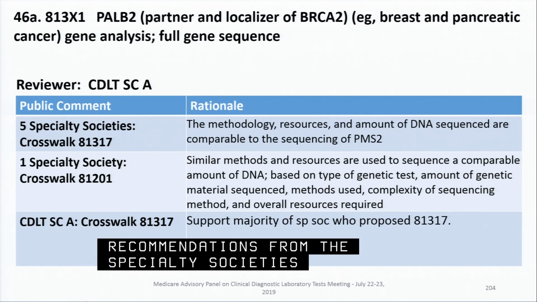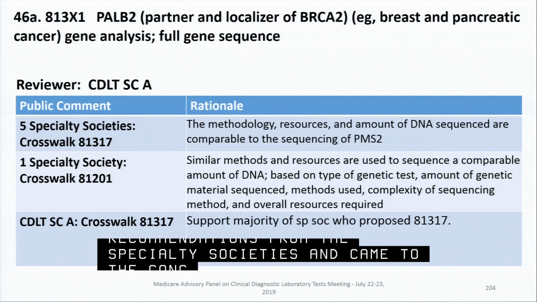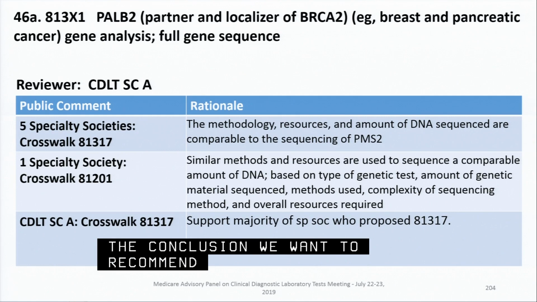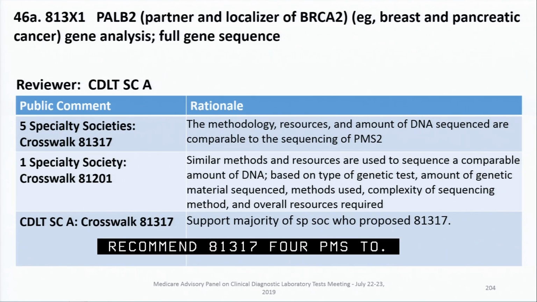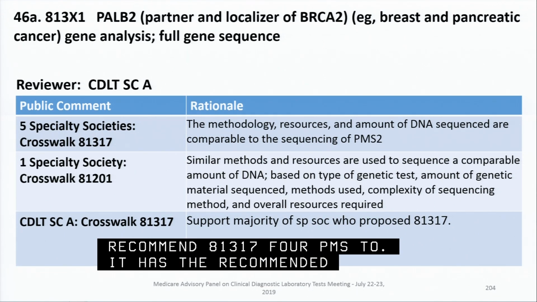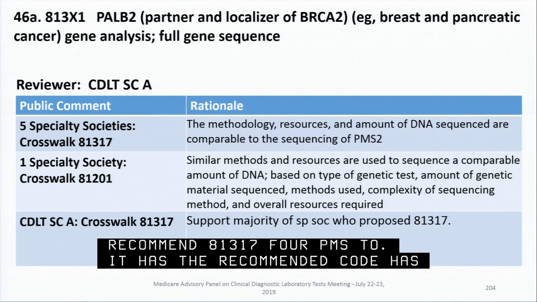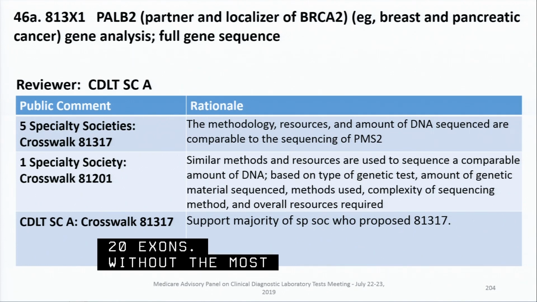PMS2 has 16 exons, and PMS2, which is the target of this code, has 14 exons, while the other recommended code, for APC, has 20 exons. So we thought that the most equivalent work and resources here would be to crosswalk to 81317.